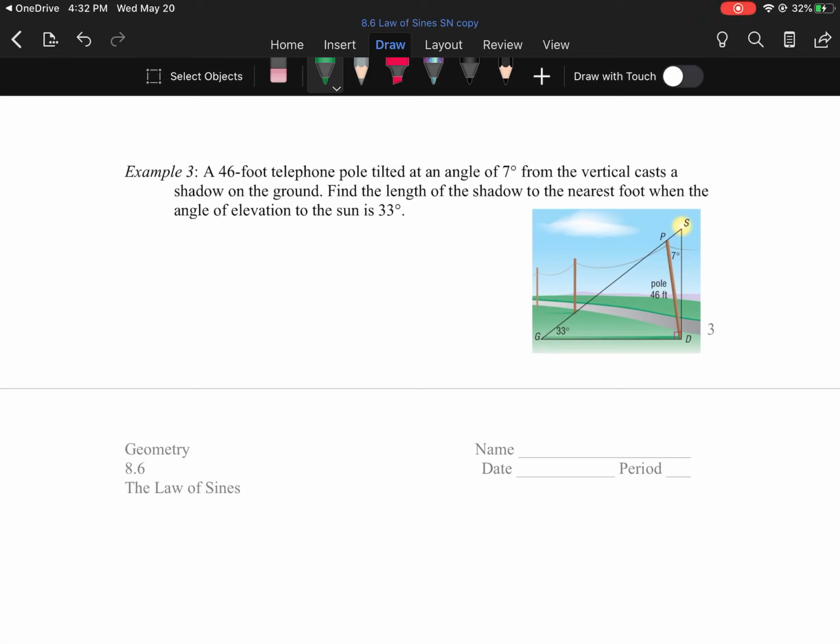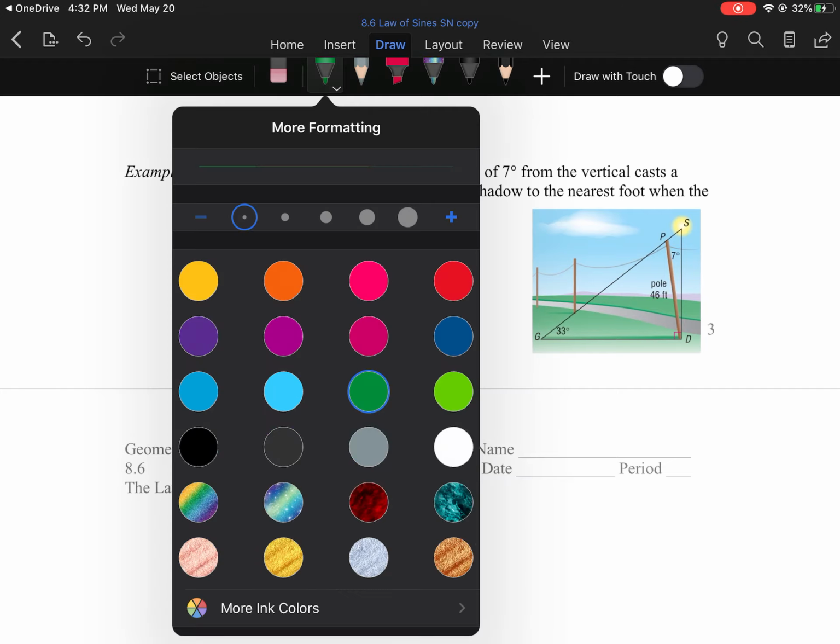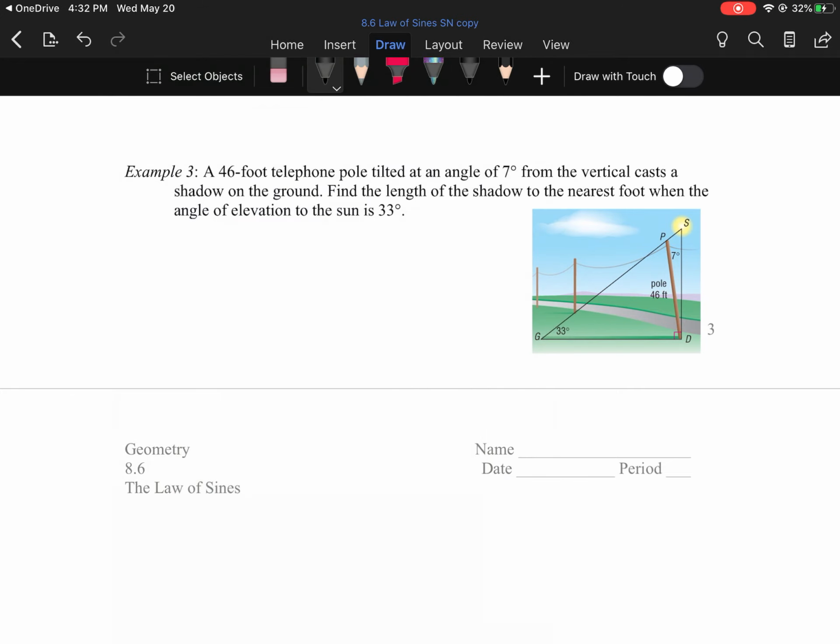So fortunately for us, they drew this picture. What I know confuses a lot of students about this is that 7 degrees is this angle way down in there. So that teeny tiny little part of angle D is 7 degrees. And we have to find the length of the shadow. So remember, shadows are always on the ground, so we have to find that part.